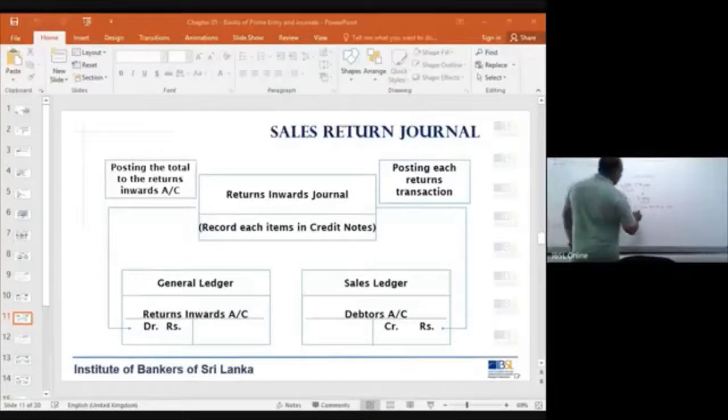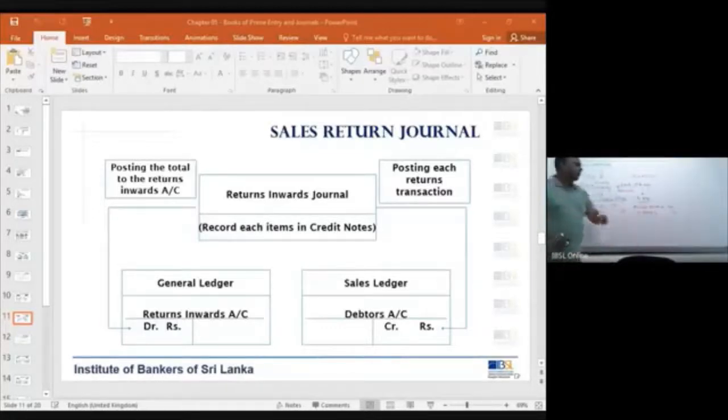And the credit, of course, will go to the debtors account, because now this person need not pay 1500, he needs to pay less 450. So this is what actually a sales return means.